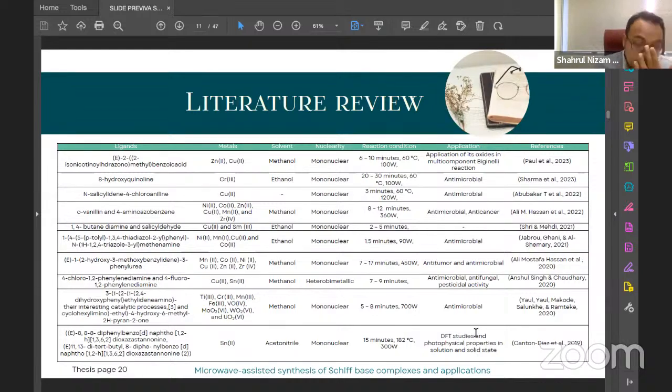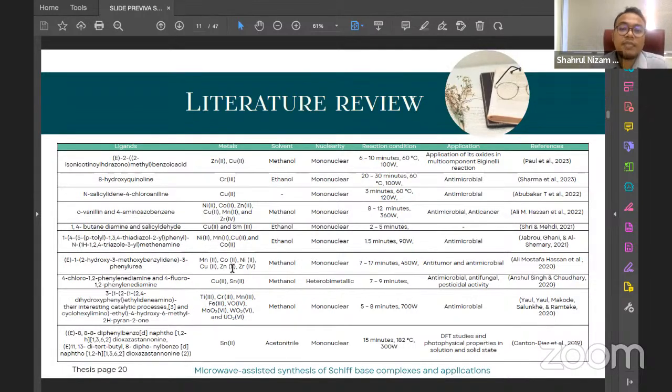Now, based on the literature review, you can see that we can have metals like zinc, copper, chromium, nickel, manganese, samarium, cobalt, zirconium, and vanadium, and so on and so forth.